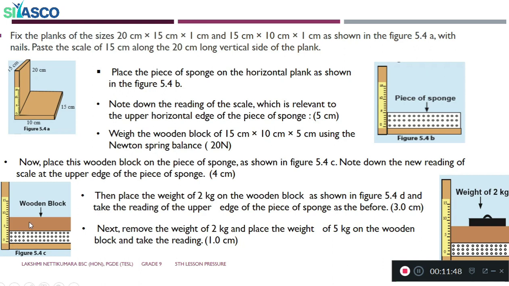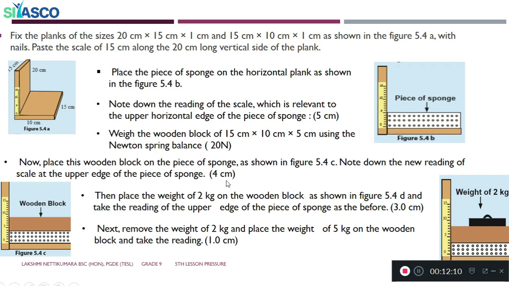Then it is obvious that here it is 20 Newton weight. Once you keep a 20 Newton weight over the sponge, the sponge will shrink to a certain extent. So now I'll take that reading as 4 centimeters.